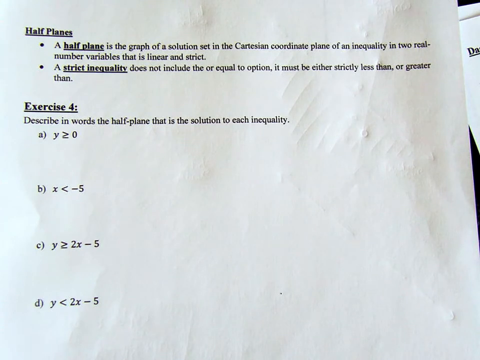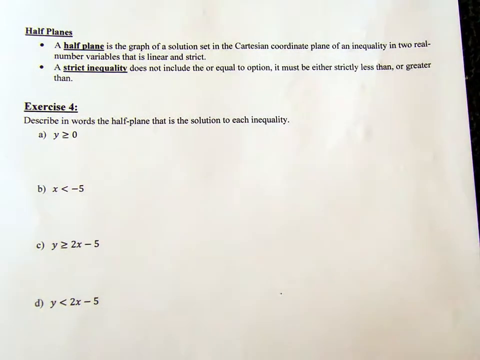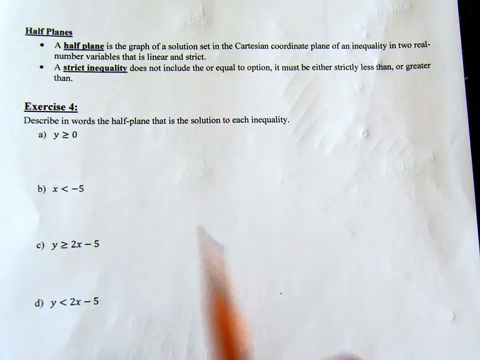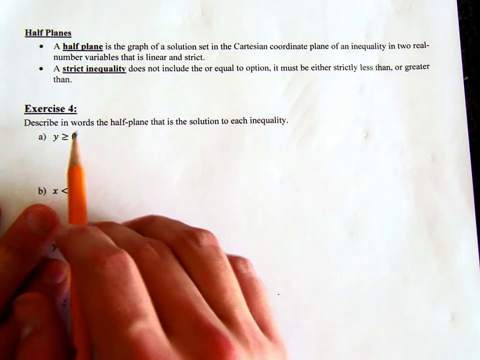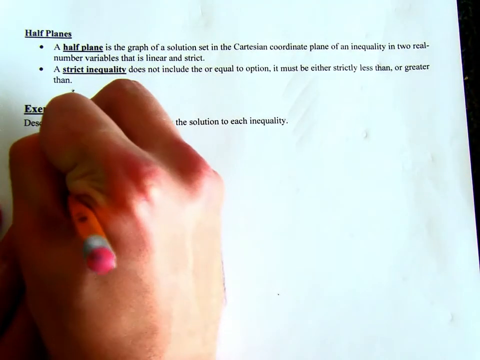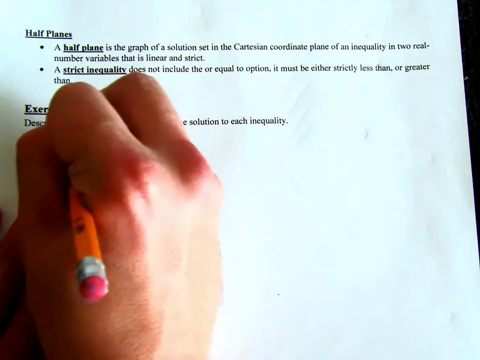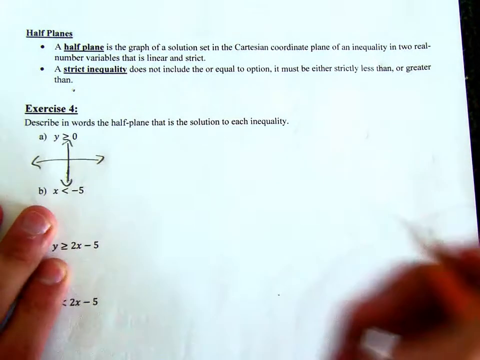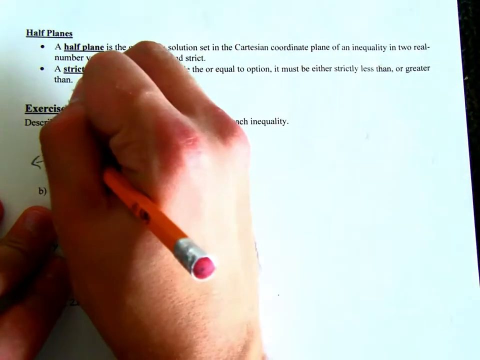So, let's look at this. They want us to describe in words the half plane that is the solution to each inequality. So if we look at this, if we have y is greater than or equal to 0, well, let's just quickly try to sketch it in. So let's sketch in our xy plane, our Cartesian coordinates. So we have x and we have y.